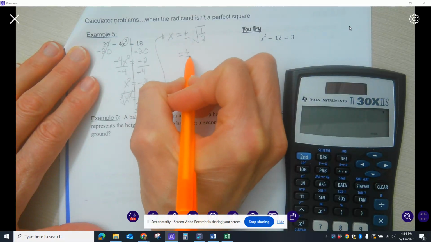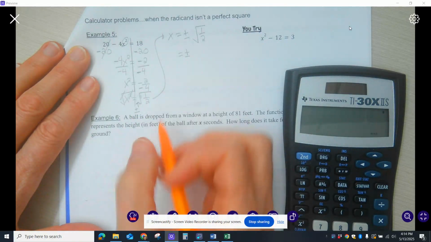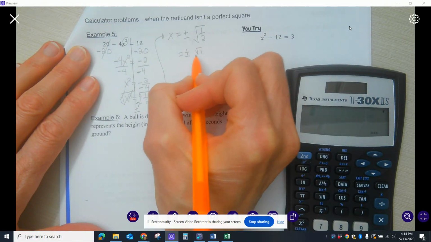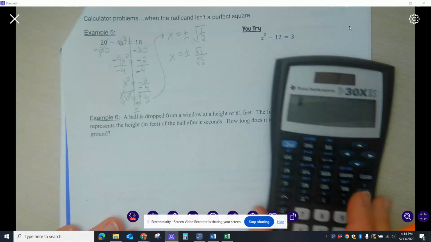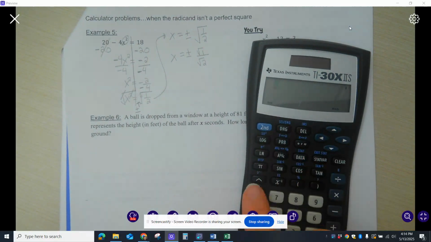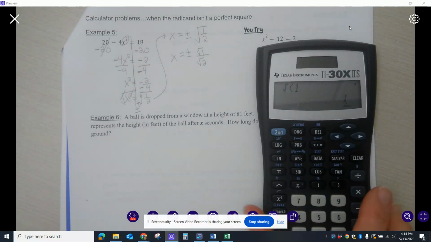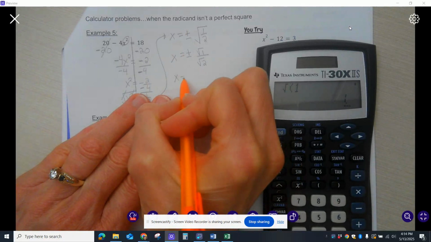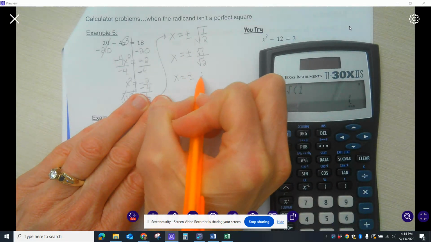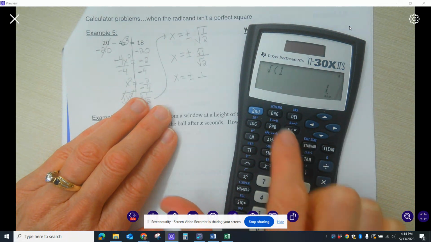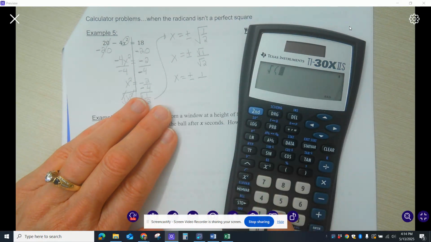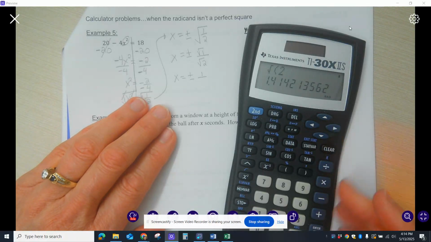So I'm thinking, well, I'm going to give them their own jail, because I know if they're in a fraction, I can do square root of 1 over square root of 2. Now I'm going to check square root of 1, although I think I already know square root of 1 is 1. Okay, so I have a 1 on the top. X equals plus or minus 1. And then I'm going to check square root of 2. Second square root of 2, but 2 is a prime number, so, oh yeah, I get a decimal.